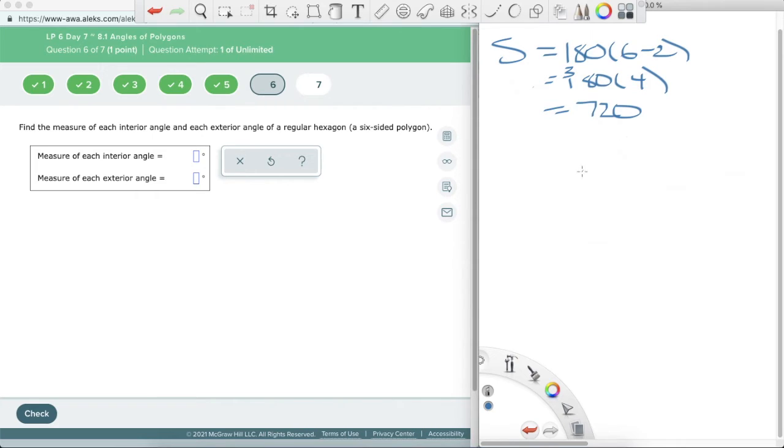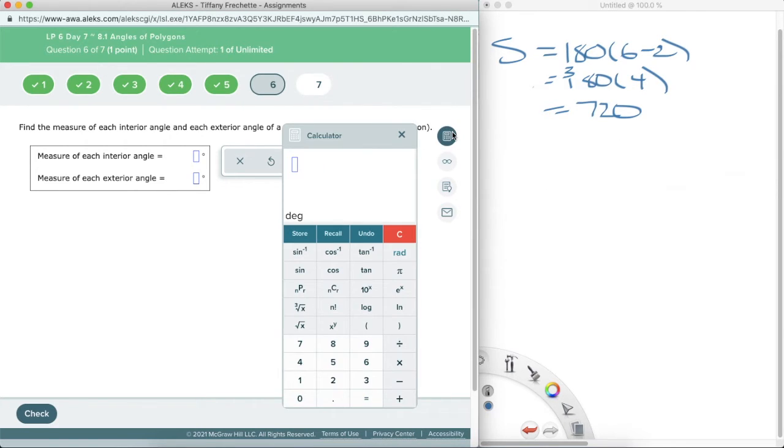And I want to take 720 and divide that by 6 because there are 6 angles and each angle measures exactly the same thing. So I'm going to take that total sum and divide it up evenly. So each one of those angles is 120 degrees. So each one, I'm not doing the total sum anymore, I'm doing each one. That's why I'm dividing.